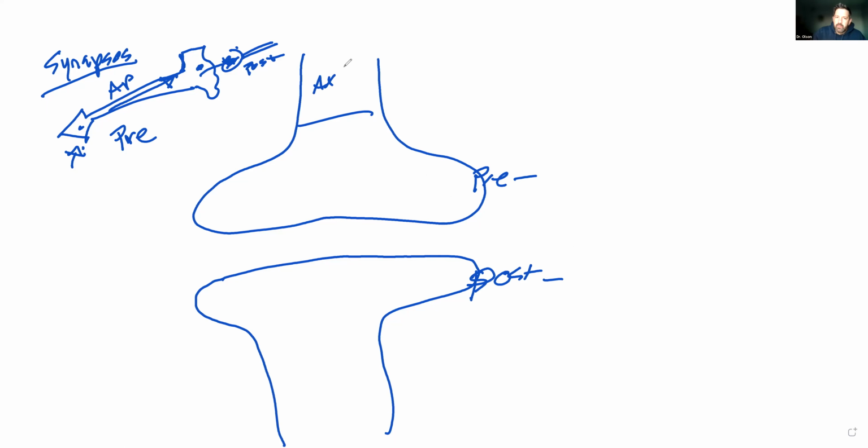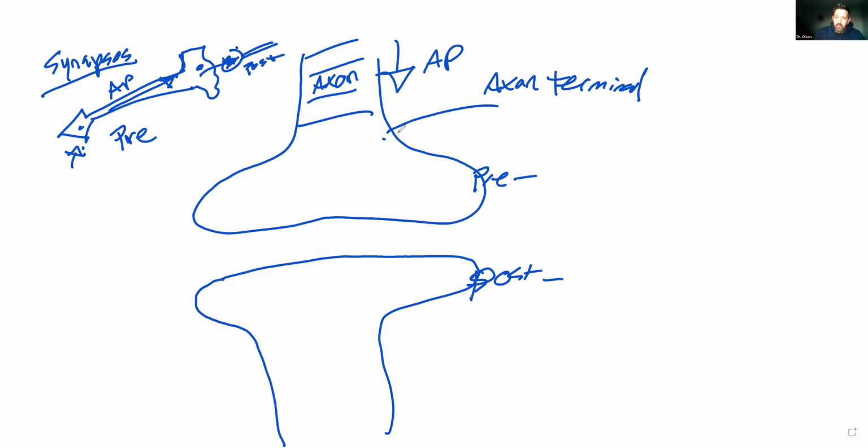This here would be the axon, and the signal, the action potential, would be coming down this way and reach the axon terminal, which we talked about before. We have this space between the pre and post synapses, and this is what we call the synaptic cleft.